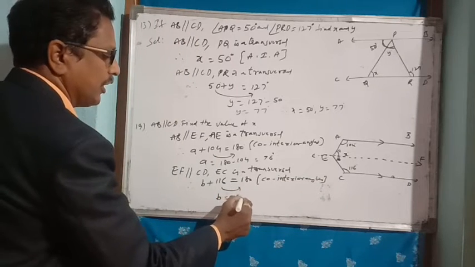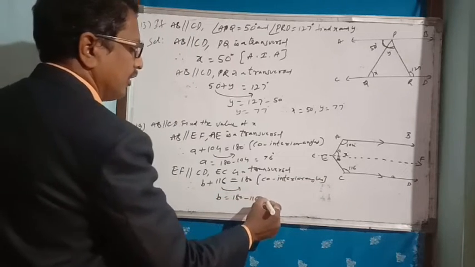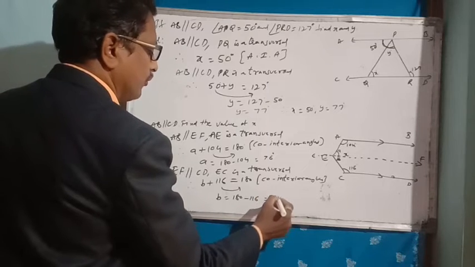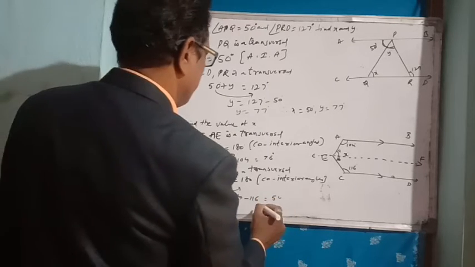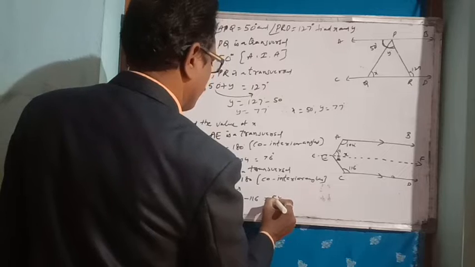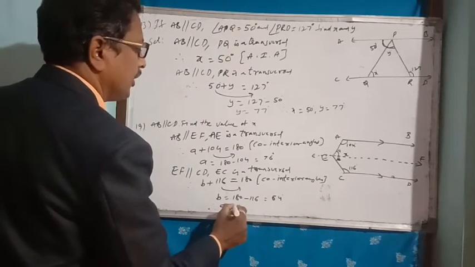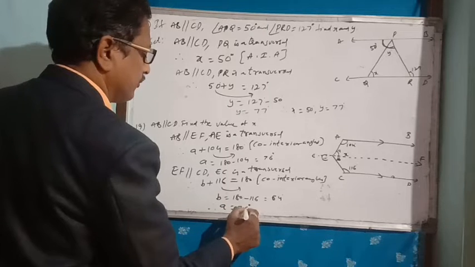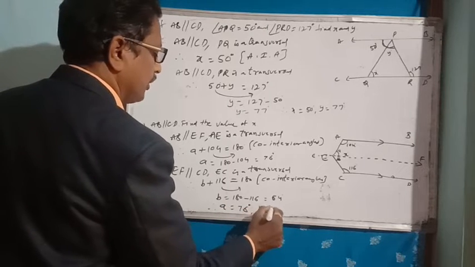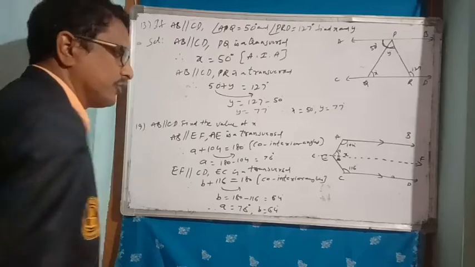B equals 180 minus 116, which is equal to 64 degrees. Therefore, A equals 76 degrees, comma, B equals 64 degrees.